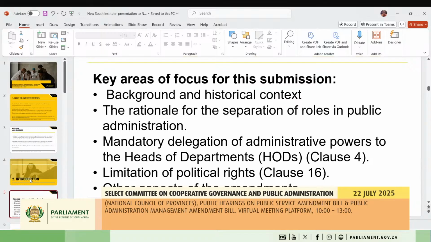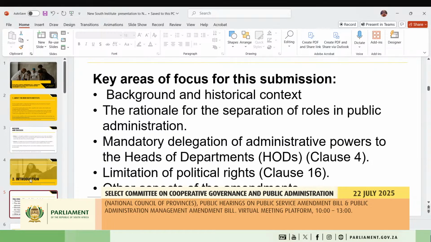Our key areas of focus for this submission are the background and historical context, the rationale for the separation of roles, and mandatory delegations of administrative powers to heads of departments, which is clause 4. We are also looking at limitation of political rights, which is clause 6.